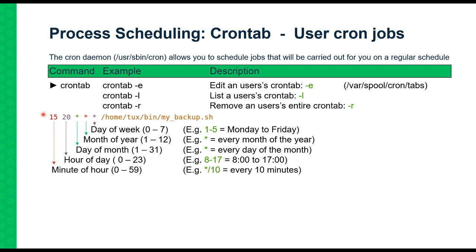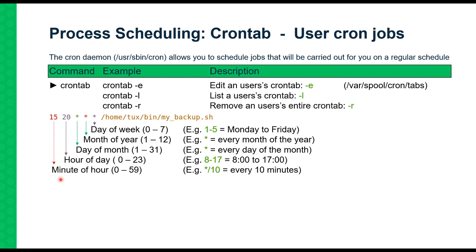This is a snippet of what it should look like to run a basic cron job. We have 5 fields here, and all of them can be marked by a star, which means it will run every moment. The first one is our minute.